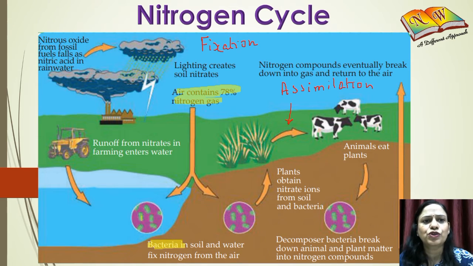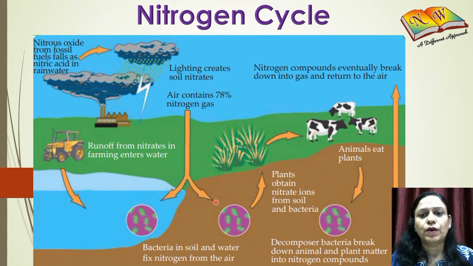Now after this, animals excrete urine which contains urea, which is again a nitrogenous compound, and when these excreta of animals are decomposed by certain microorganisms, they get converted into ammonium compounds, which are then further broken down.